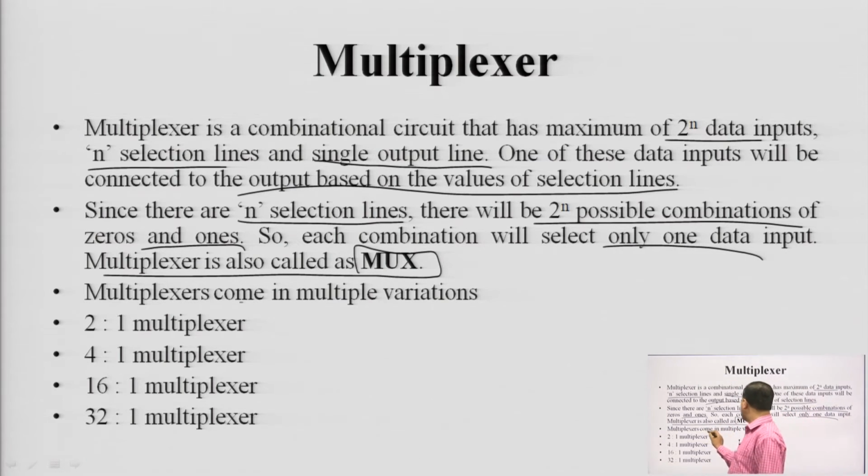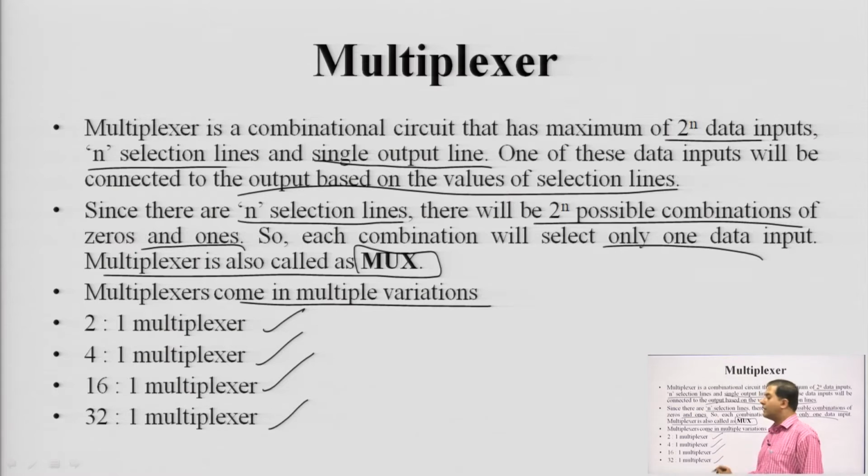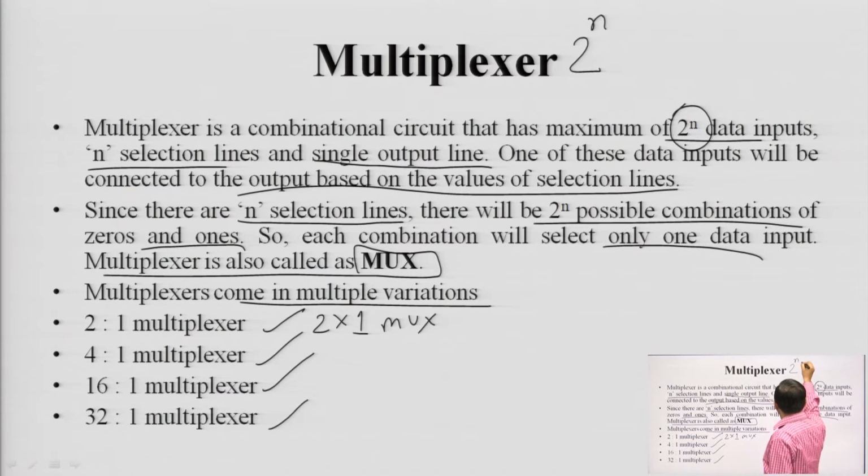Multiplexers come in multiple variations: 2:1 multiplexer, 4:1 multiplexer, 16:1 multiplexer, and 32:1 multiplexer. In every case the output is 1. A 2:1 mux can be written as 2 cross 1. We have already said there are 2 to the power n data inputs, so it is in the format 2 to the power n cross 1.